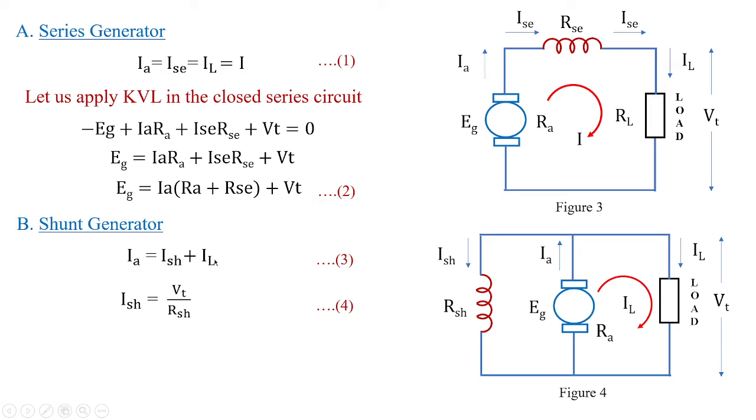What is the Ish value? You can see this Ish is in parallel combination with VT. So I can write Ish is equal to VT by Rsh. I cannot write Ish is equal to Eg by Ra. Why?